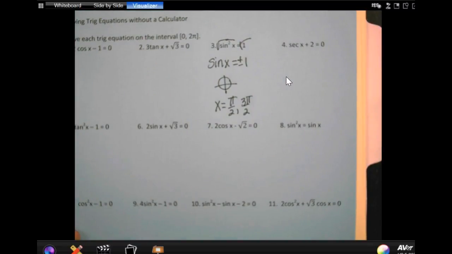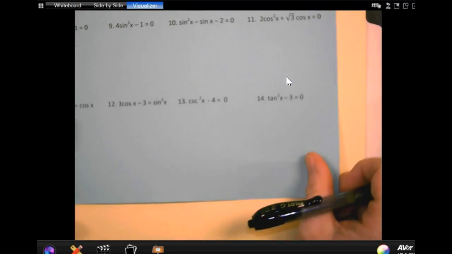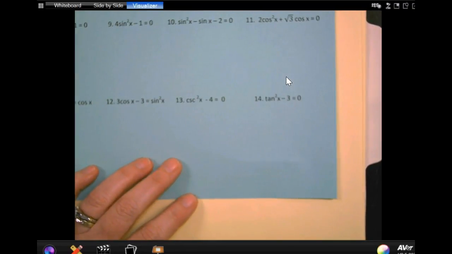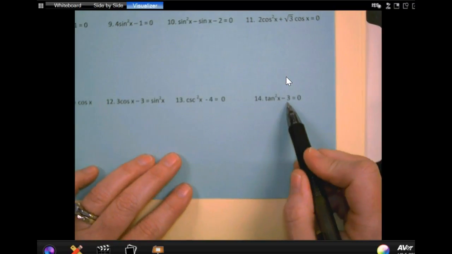You feel like it's two different things? Okay. So I want to do another one. Let's go to number 14. Unlike number 3, where we could have factored that, the 3 is not going to factor.